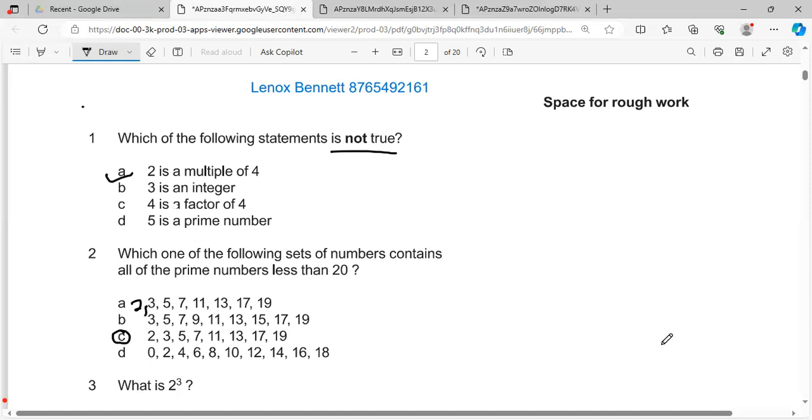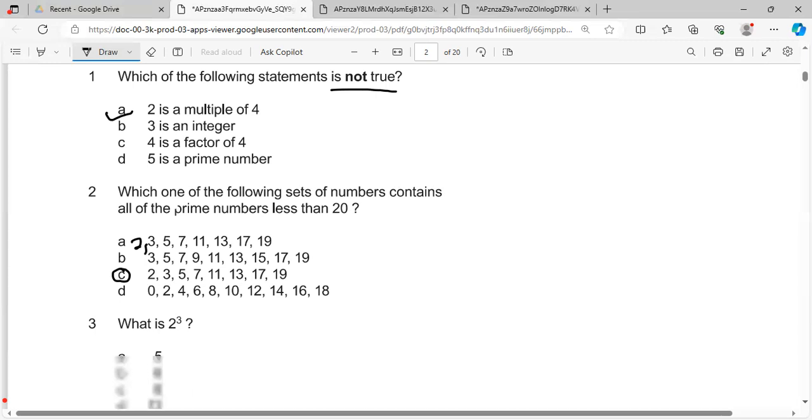Alright? So guys, we have to be careful with that. Remember, these come at the front part of your paper, especially curriculum based. So we have to be on top of our game for that. Alright? So it's actually C, 2, 3, 5, 7, 11, 13, 17, and 19.